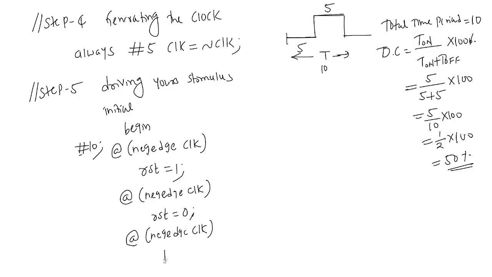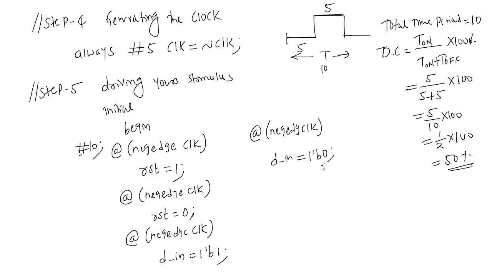So I'm giving first d underscore in equal to 1'b1, and at negedge of clock, d underscore in equal to 1'b0.